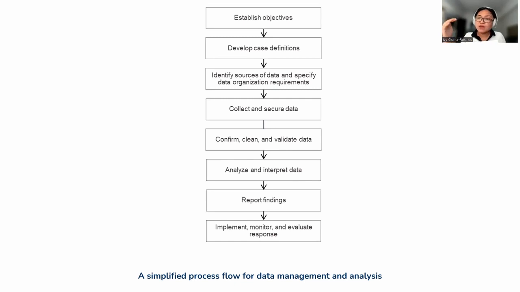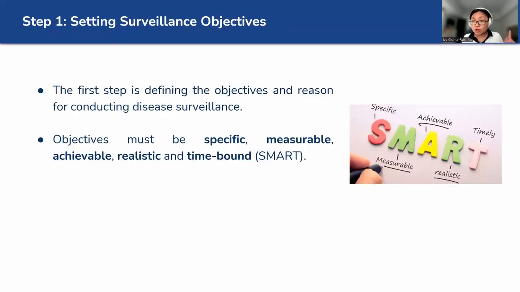Then third is identify the sources of data within your own school and specify data organization requirements. Four is to collect and secure the data. Then you always need to confirm, clean, and validate the reports. Once the data has been validated, now you can analyze the data, interpret it, report it, then implement, monitor, and evaluate response. So it all starts with setting surveillance objectives.